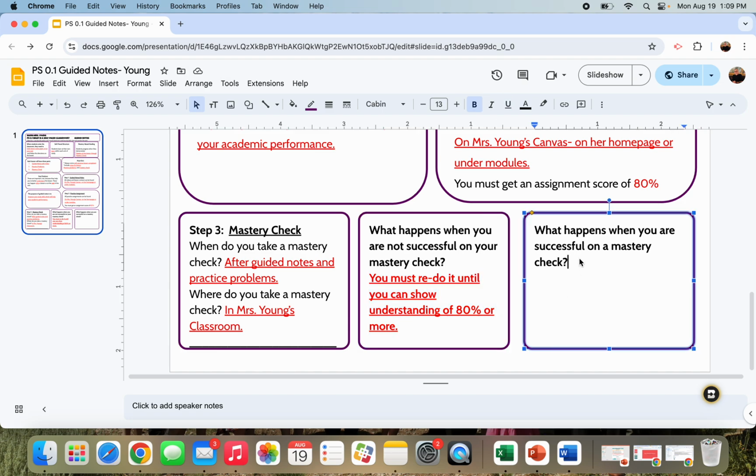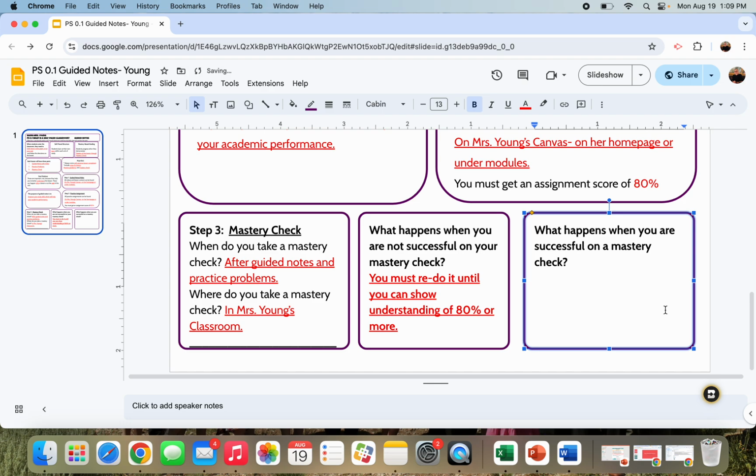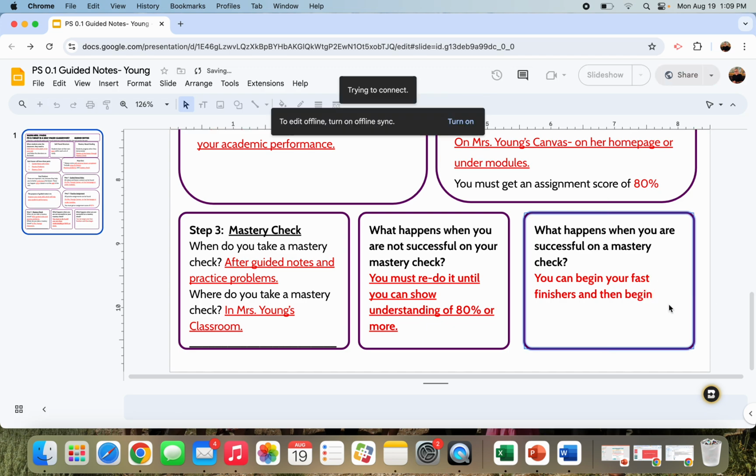Okay. But you are responsible for retaking your mastery check and asking me for an attempt to retake it. Okay, last thing. What happens when you are successful on a mastery check? So what happens is you can begin your fast finishers.